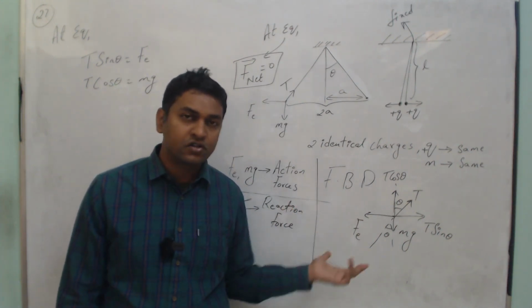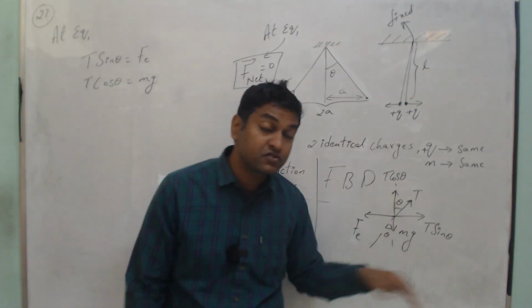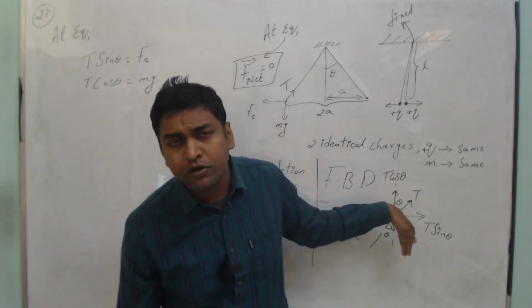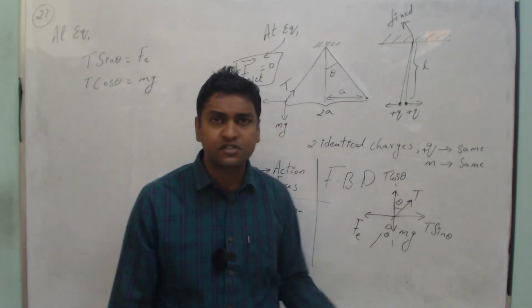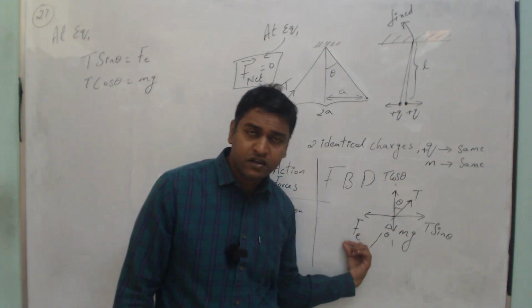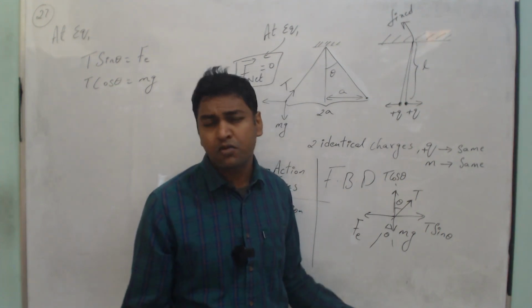Also, why am I taking the electrostatic force and gravitational force independently? Why am I looking at it as independent scenarios? Because the component of any vector in its perpendicular direction is zero. When we are talking of electrostatic force, how much gravitational force is there is not an important issue.